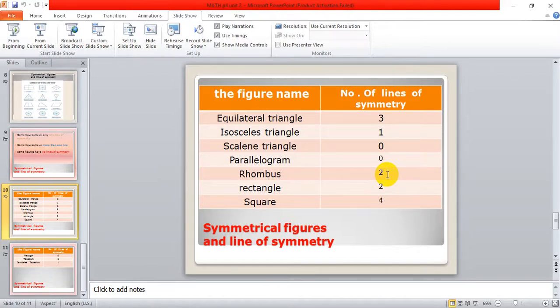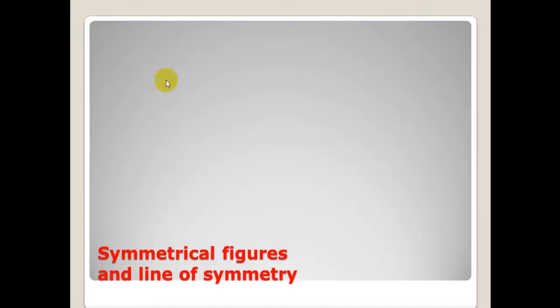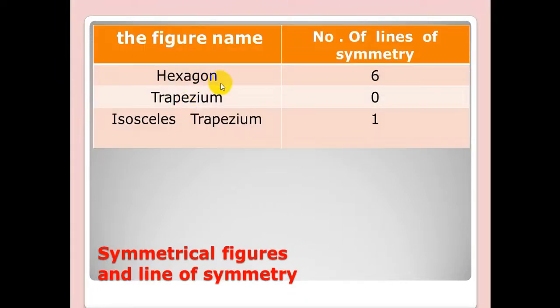Parallelogram, 0, scalene, 0, trapezium, 0. Square, 4 lines. And hexagon, 6. Pentagon, 5. Heptagon, 7. Did you understand?